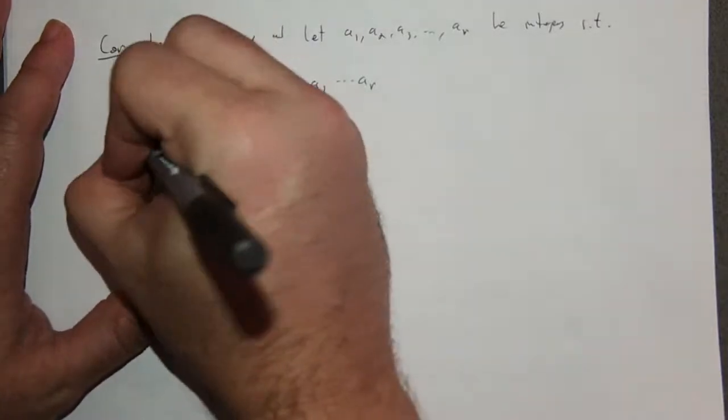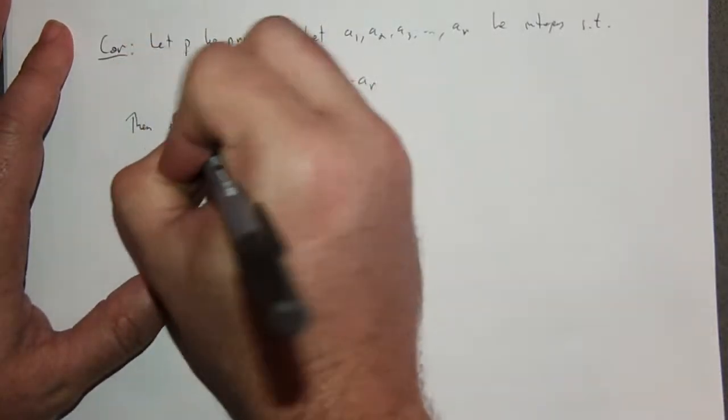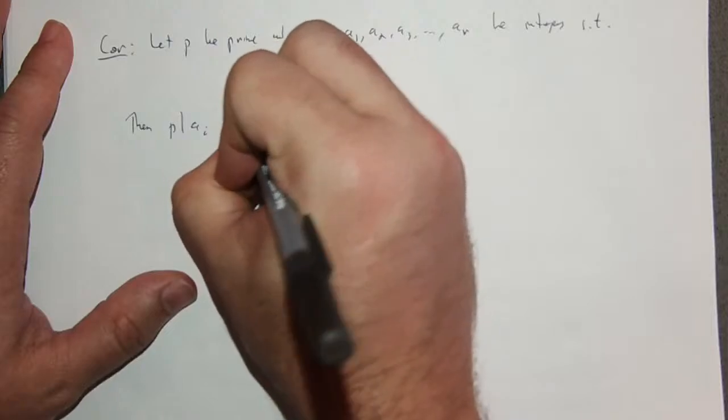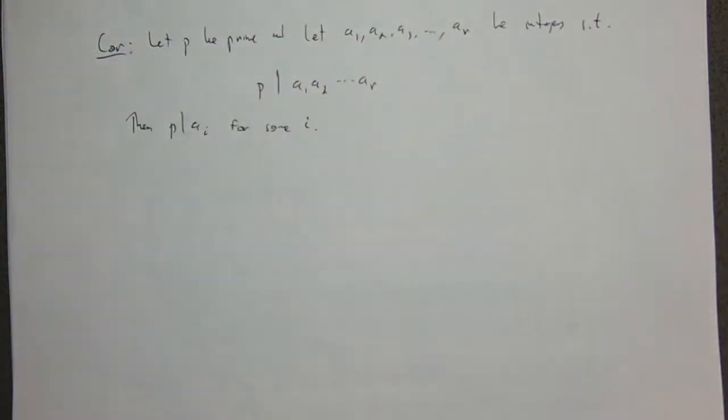Then P divides AI for some I. So if you have a prime dividing a product of a list of integers, then it divides one in the list. Again, for composite numbers, this just isn't true. But it's true for primes.